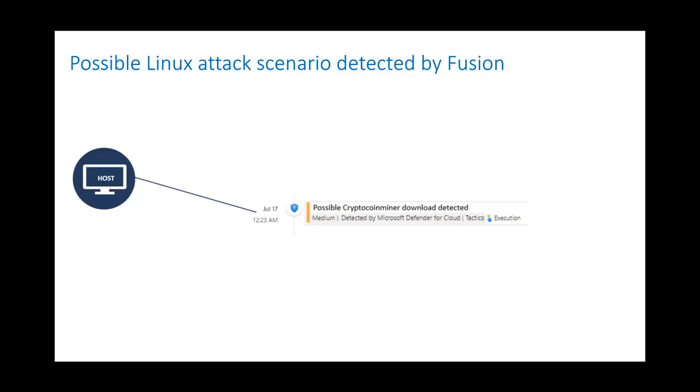Now, it's pretty evident that this machine is actually used for digital currency mining activities. But the question from a SOC analyst perspective would be, well, how did the attacker get in? What activities did they perform? Is the activity only limited to digital currency mining, or is there more to it?